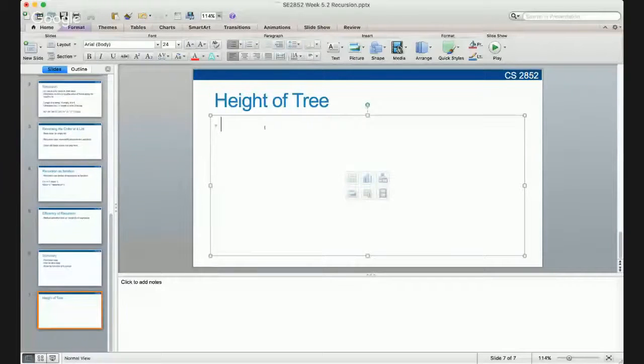For the height of a tree, if the root is null, that means that the height is 0, so we return 0. Otherwise, if the root is not null, then we return 1 plus the height of the subtree.